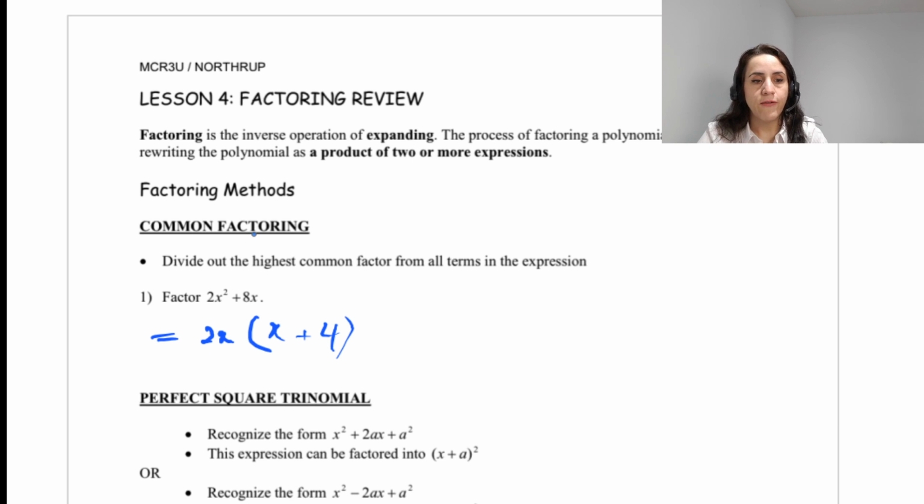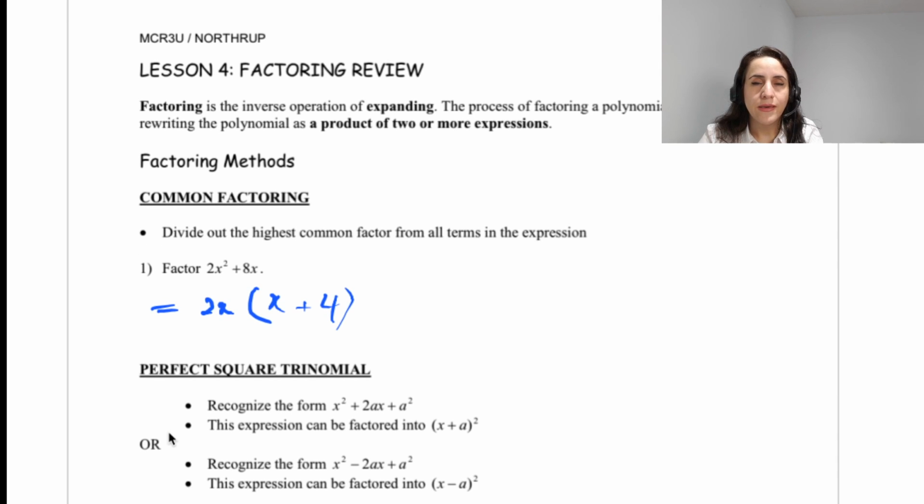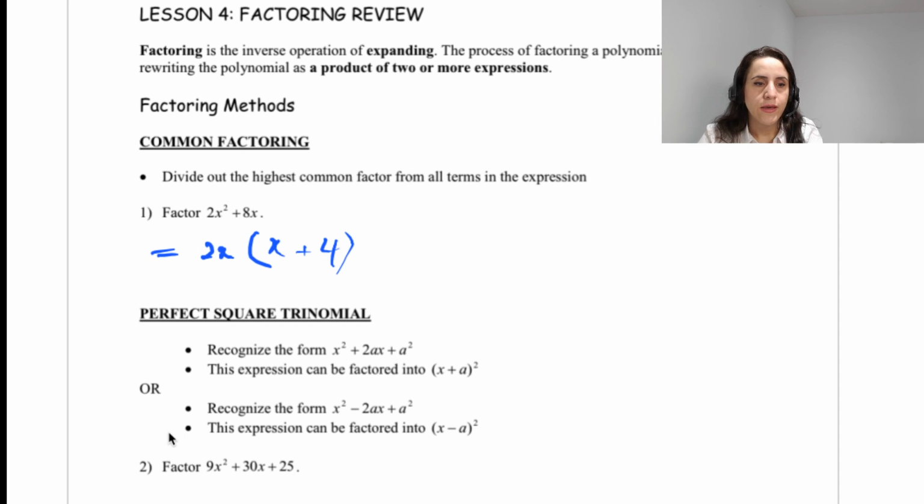This type of factoring, where we look for the common factor between terms, is called common factoring. We have another explanation to make factoring easy.